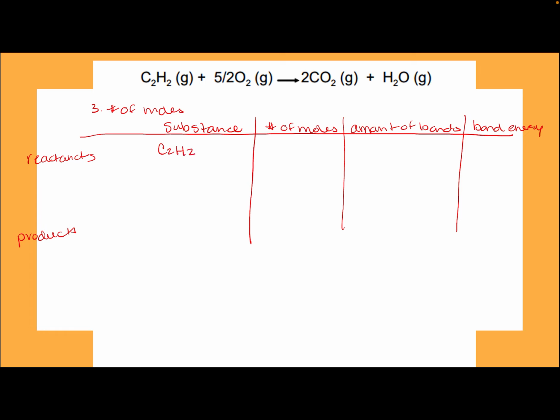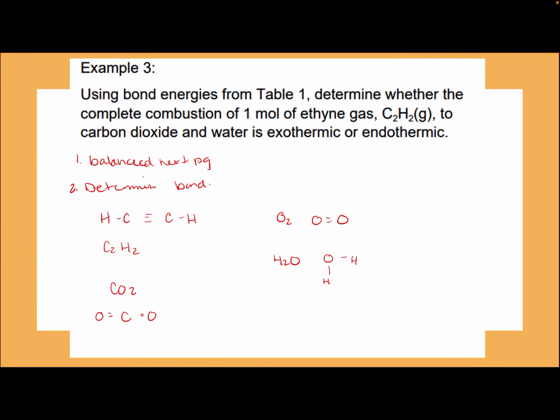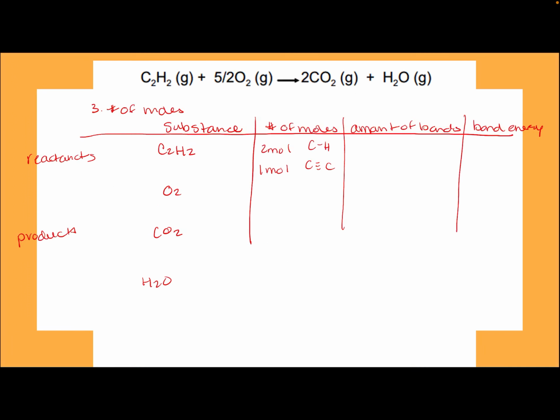So we first have C2H2 and O2, CO2, H2O. So we know the C–H is 2 moles. The C triple bond is 1 mole. Okay, because when we look back, this is a bond and this is a bond.